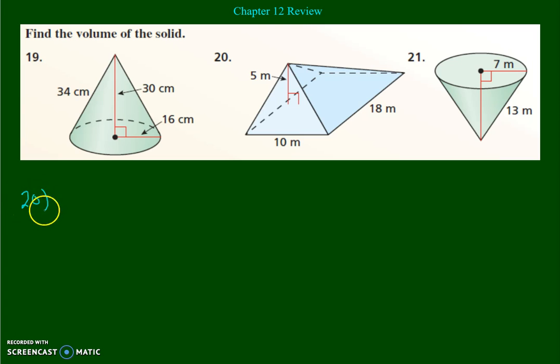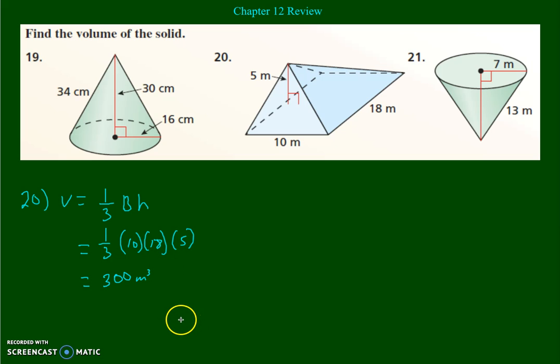For 20, volume equals 1/3 area of the base times the height, just like in the cone. This is 1/3. Area of the base is 10 times 18 times the height. Well, the height is just 5. And that gives us a volume of 300 cubic meters.